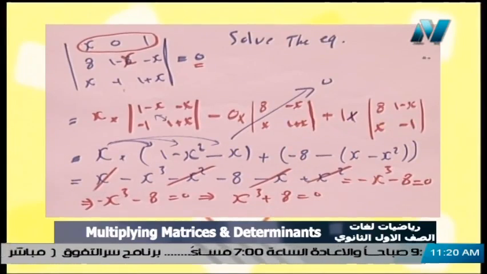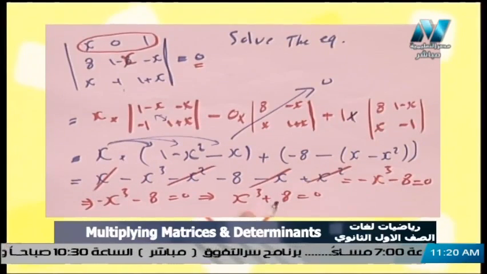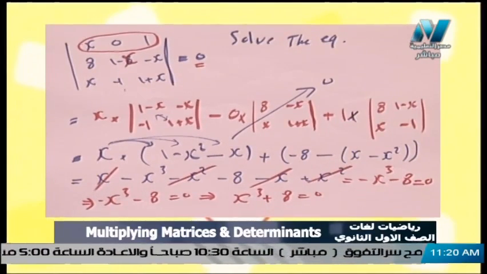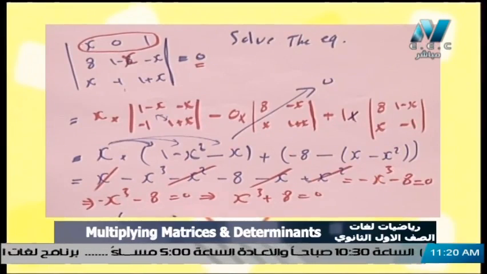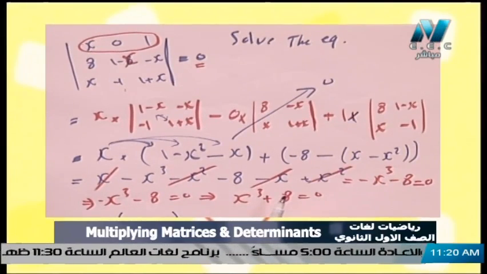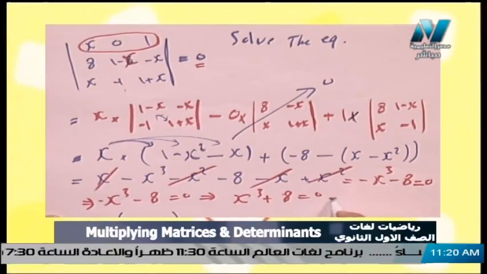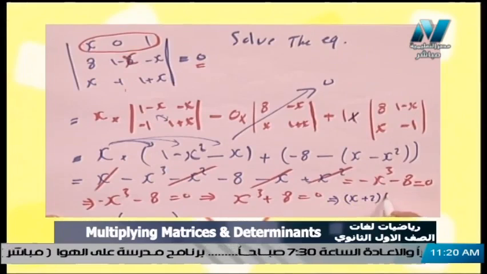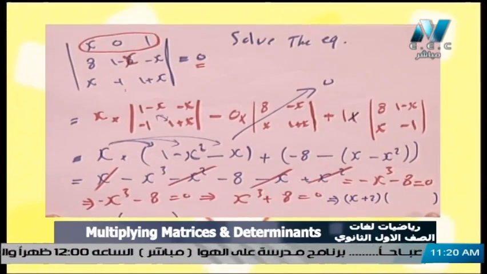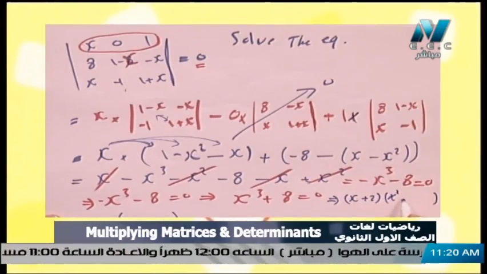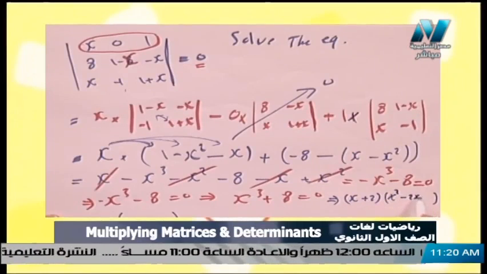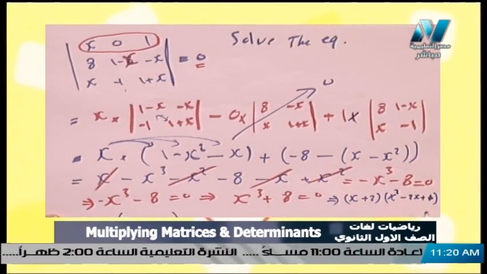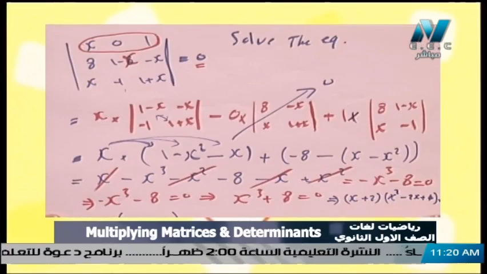By factorizing this as a sum of two cubes, we know that the sum of two cubes will factorize like that. We can factorize it here: x plus 2 multiplied by x to the power 2 minus 2x plus 4. All of them equal 0.